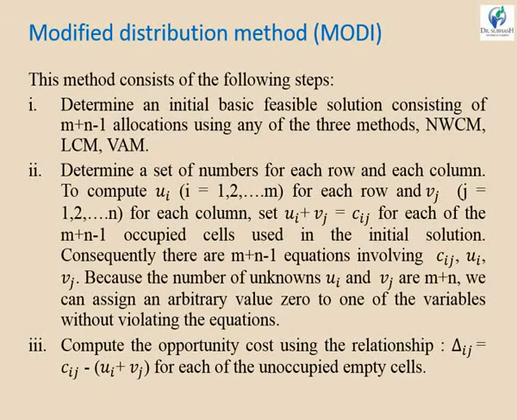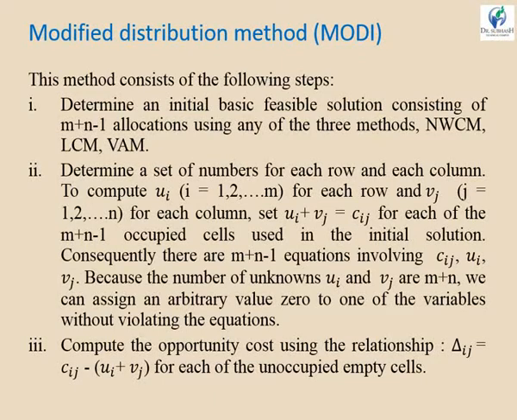With VAM you will get a minimum transportation cost as compared to the northwest corner method and least cost method, and our objective function is to reduce the total transportation cost. So VAM is preferred over the other two.